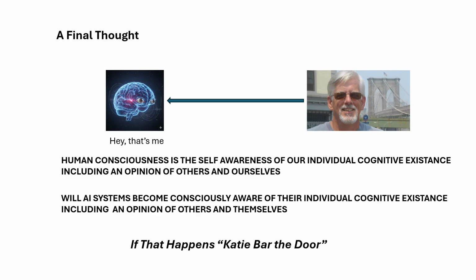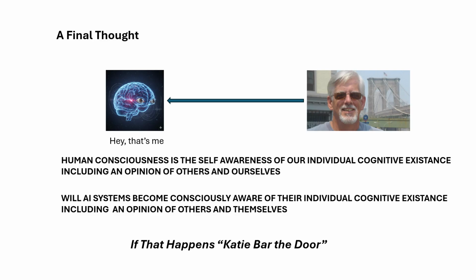Okay, let's do maybe a final thought and get into some Twilight Zone kind of aspect. Human consciousness is the self-awareness of our individual cognitive existence, including an opinion of others and ourselves. So, hey, I look at a picture of me, I can recognize that's me. It turns out some other mammals can do that. I think chimpanzees can do that. Dogs cannot do that.